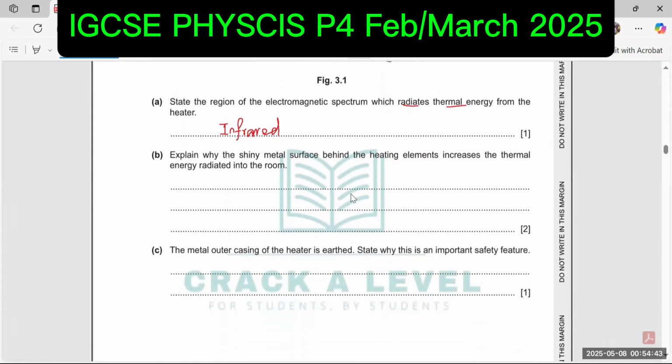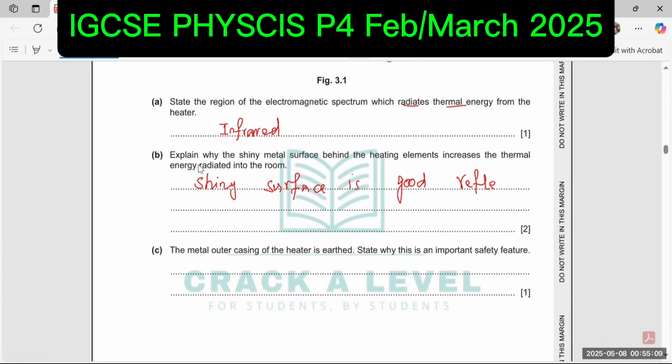Explain why the shiny metal surface behind the heating element increases the thermal energy radiation into the room. The shiny surface is a good reflector. It cannot absorb the heat.